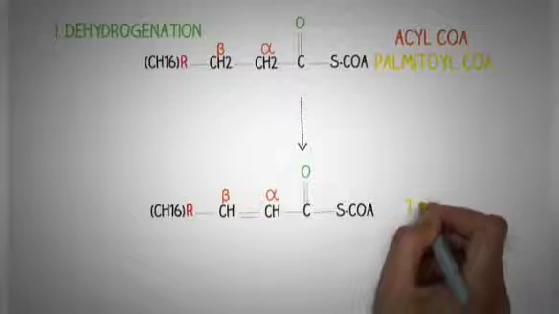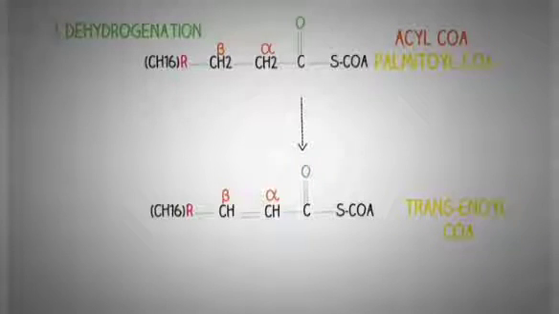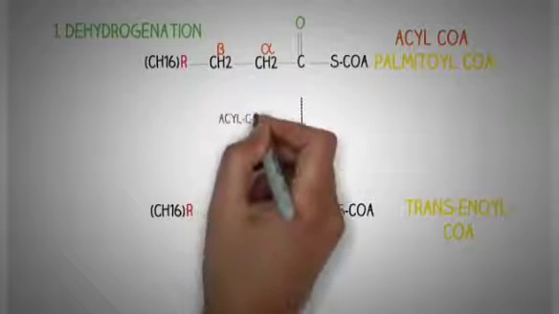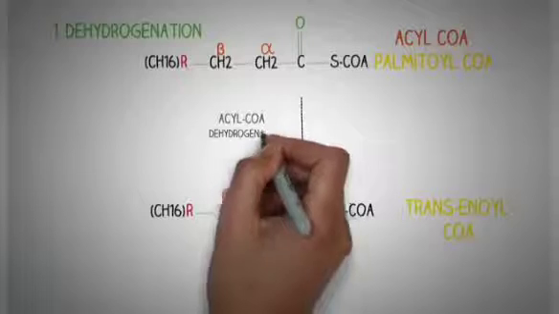The compound that is produced is called trans-enoyl CoA, and the enzyme that catalyzes this reaction is called acyl CoA dehydrogenase.